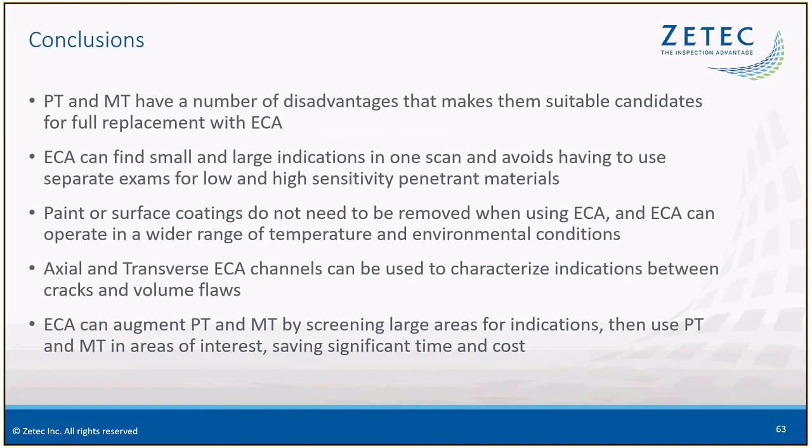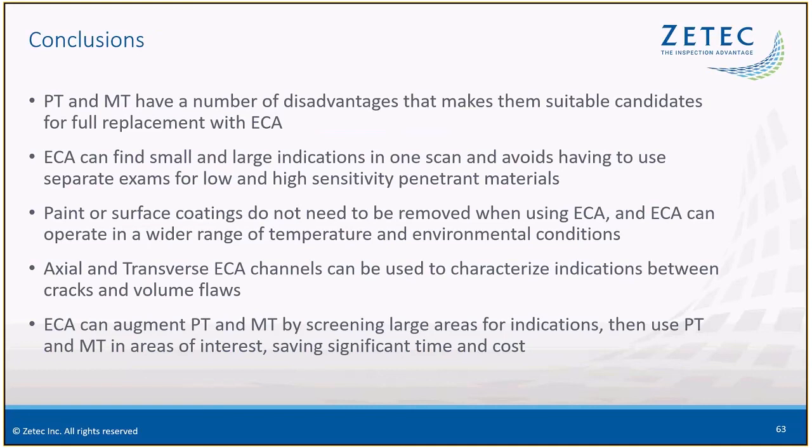The axial and transverse channels can be used to characterize indications, and you can characterize those between cracks and volume type flaws. And then lastly, this is not just a fully replace with eddy current array. You can also do an augmented inspection where you do the eddy current array as a large area scan to try to focus in on those areas of indications.